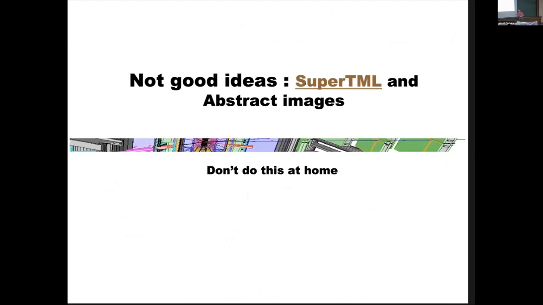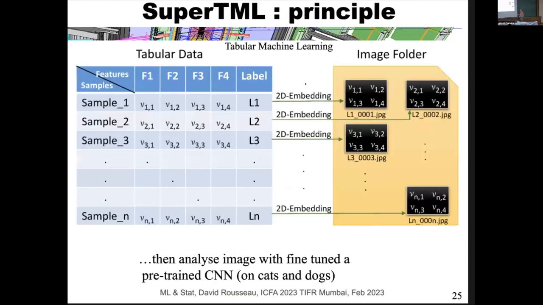Okay, I will now show things which are bad, or not good ideas, because I wanted to be nice on the slides, which are real bad ideas, which are called the SuperTML and abstract images. So the idea is really very strange.